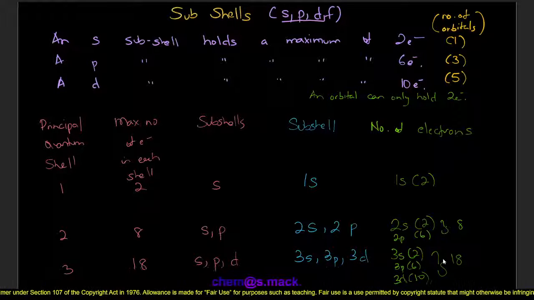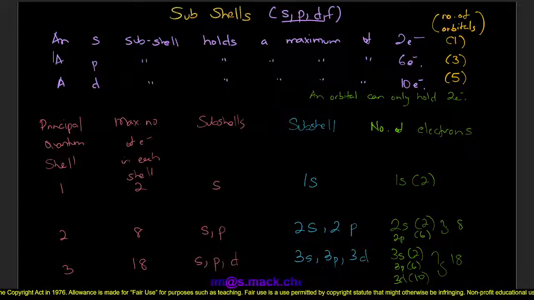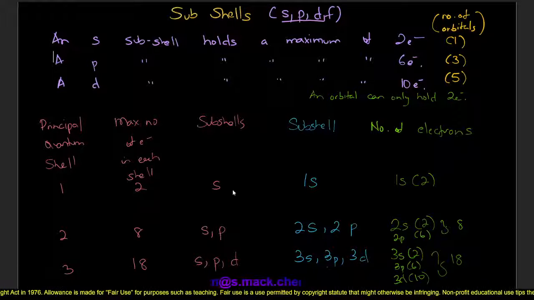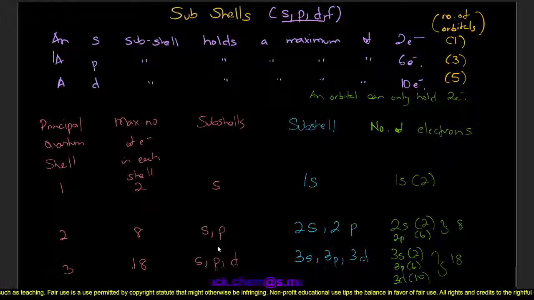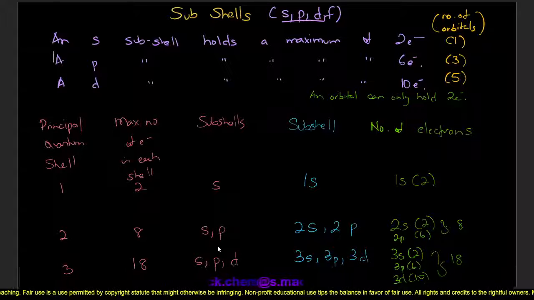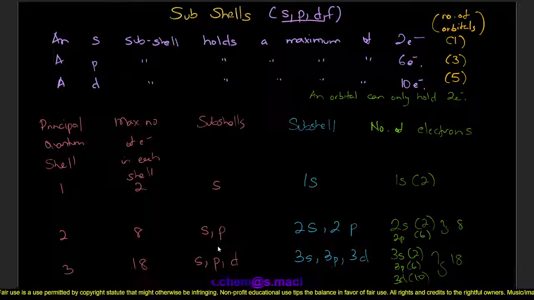So just to recap once more, we say that a shell consists of subshells, where the first shell consists of an S, second S and P, third S, P, and D, where each shell holds a certain maximum number of electrons, and this is because each type of subshell can only hold a certain number of electrons, S containing 2, P 6, D 10.